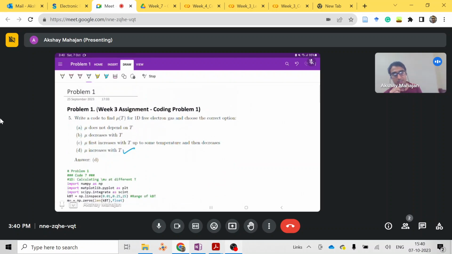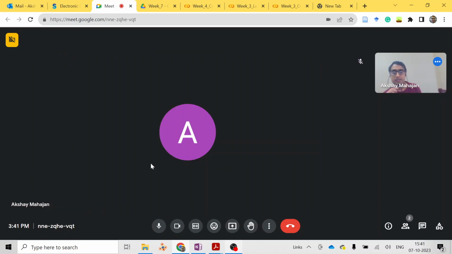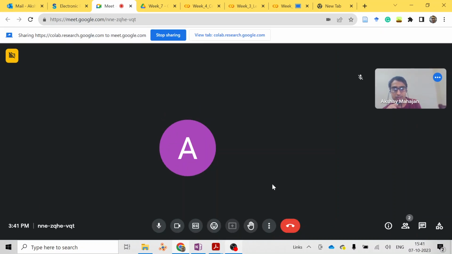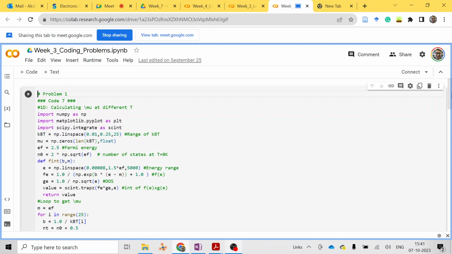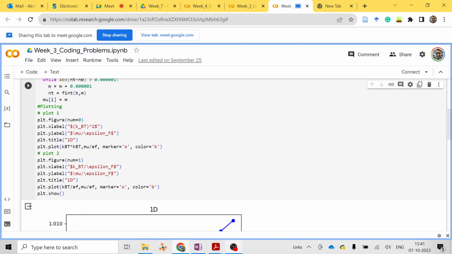So mu increases with T, which we have seen here.